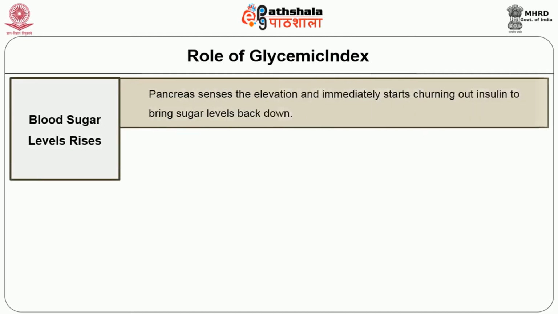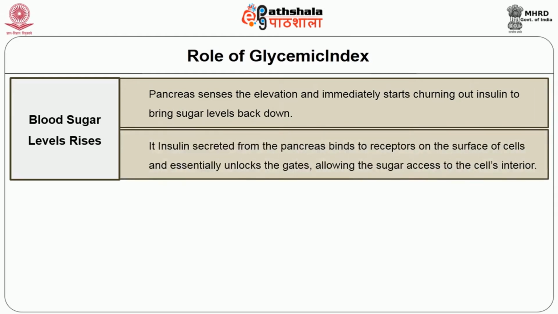As blood sugar levels rise following the consumption of a particular food during a meal, the pancreas senses the elevation and immediately starts churning out insulin to bring the blood glucose levels back down to normal. Insulin binds to receptors on the surface of the cells and essentially unlocks these gates, allowing the sugar access to the cell's interior.